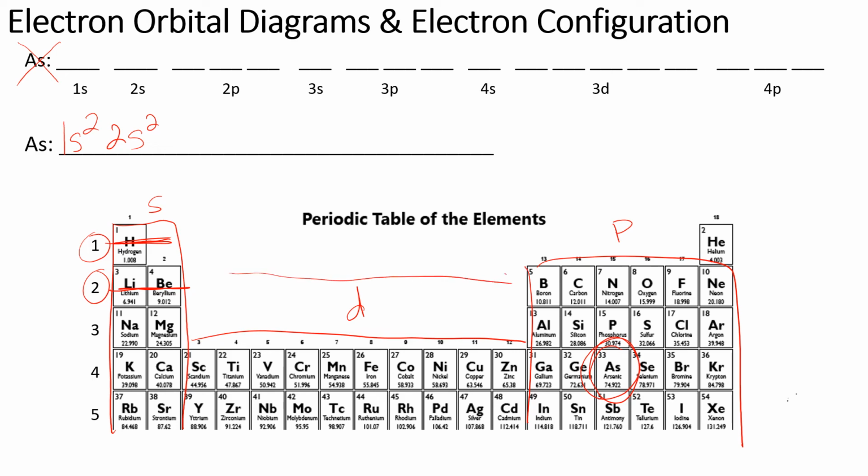We continue across, still in the second period, but now we're in the P section, and there are 6 elements across, so 2p6. Third energy level, S orbital, 2 elements across, so 3s2. We go across the periodic table to 3p, and again, 6 elements across, 3p6.